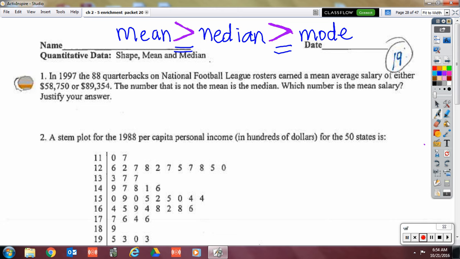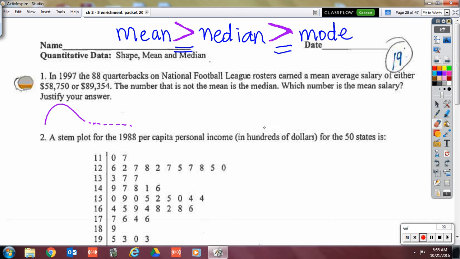So my question is, when you talk about salaries of football players, would you have upper outliers and make it skewed right? Or would you have lower left outliers and then everybody's pretty much shaped up here at the top? Which do you think would more likely be the salaries of the players?